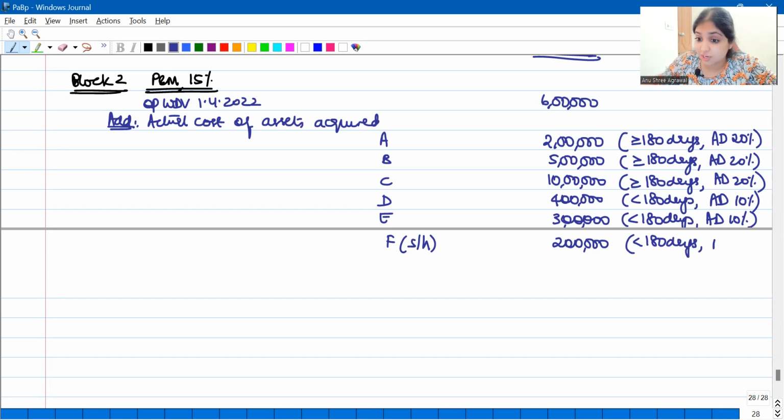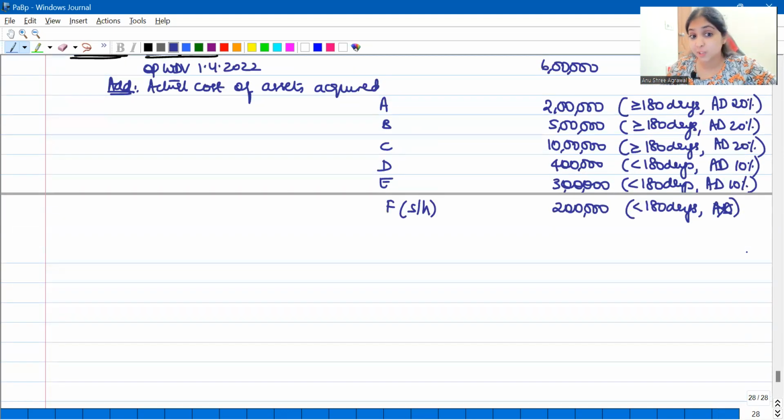Therefore, here again you will get half year's depreciation, 2 lakhs. Will I get additional depreciation? It is second hand. Whether Indian second hand or imported second hand, doesn't matter. Second hand is second hand, and for second hand, there is no additional depreciation.